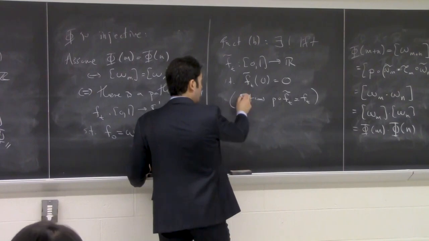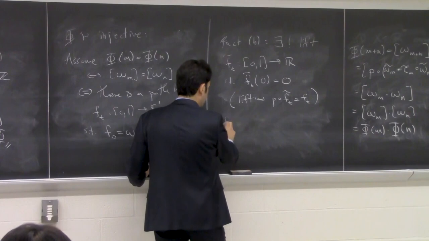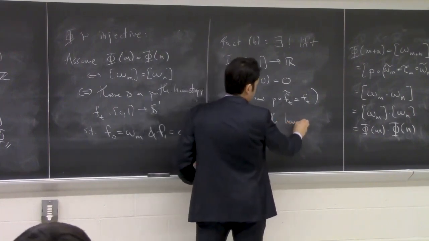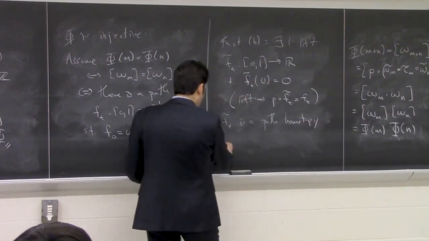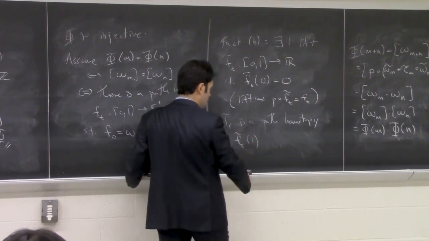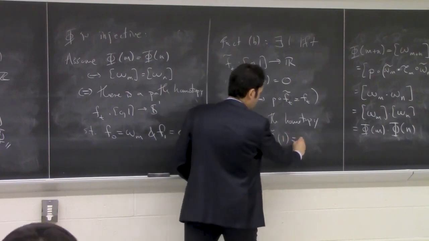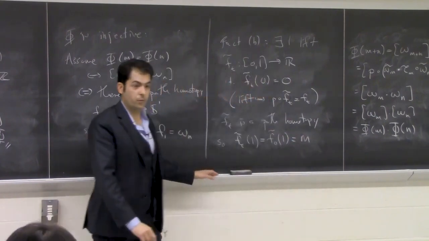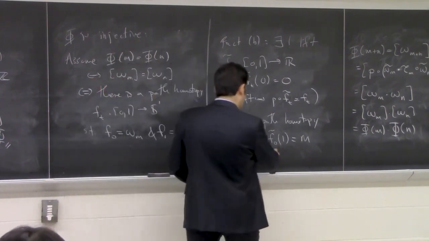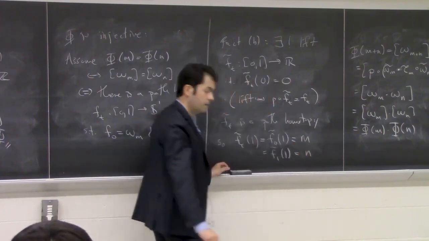Okay, but this is a path homotopy. Ft tilde is a path homotopy. So Ft tilde of 1 is equal to F0 tilde of 1, which is m, right? Because that's where omega m tilde ends. And it's also equal to F1 tilde of 1, which is equal to n, right?